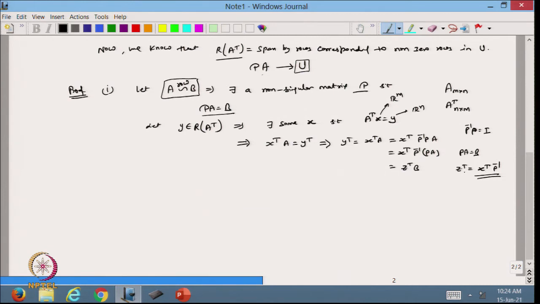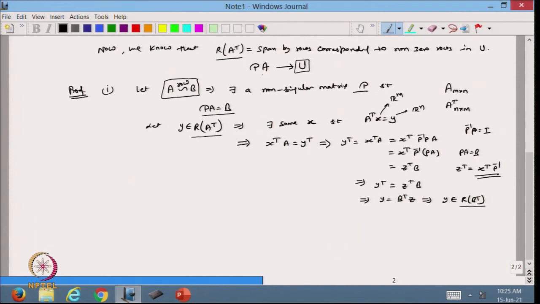So, this is a vector that comes from x transpose P inverse, and from here you can say that my y transpose is becoming z transpose B, or I can say that y becomes B transpose z. That shows that y belongs to the range space of B transpose. So, I started with a vector from the range space of A transpose, and I showed that the same vector belongs to the range space of B transpose.